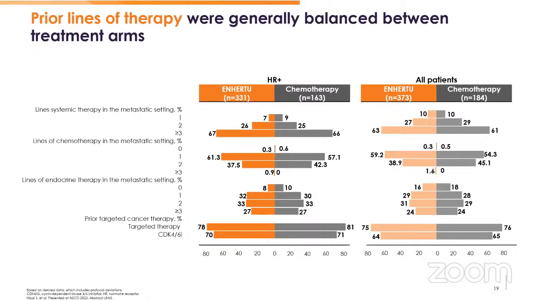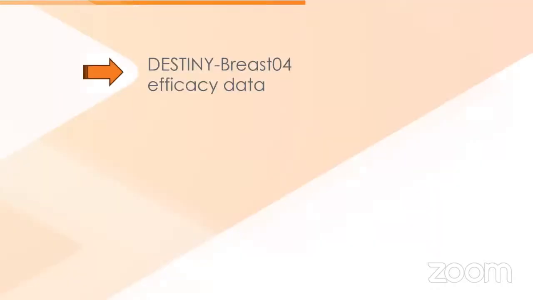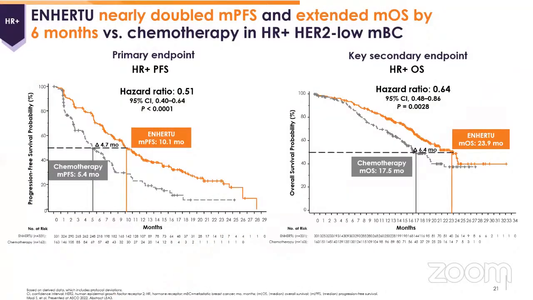So let us look at the efficacy data, that is essentially the PFS and the OS data. Look at the primary endpoint of PFS in hormone receptor positive patients, and OS in the same subgroup.